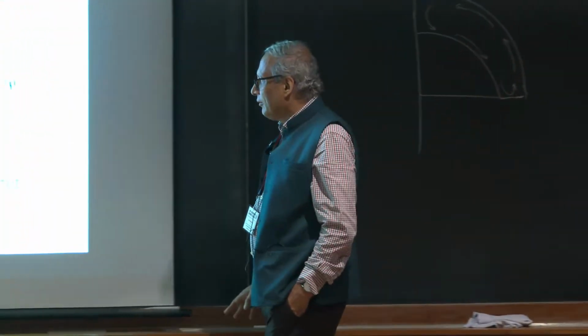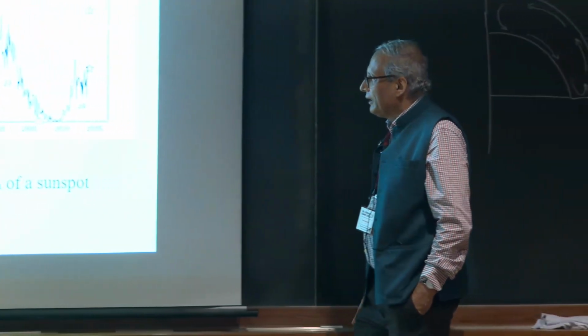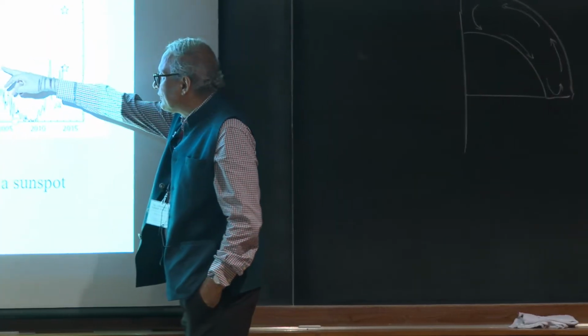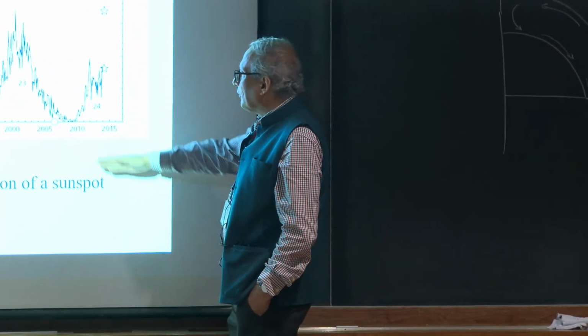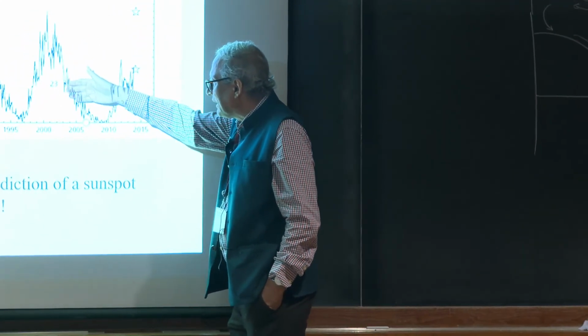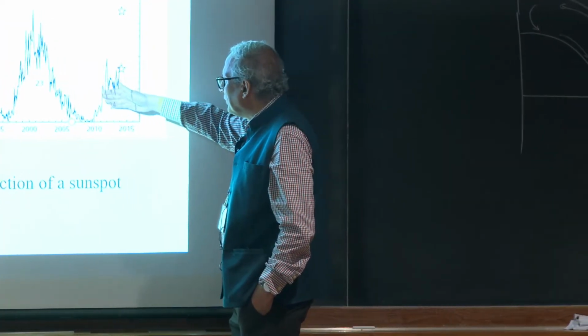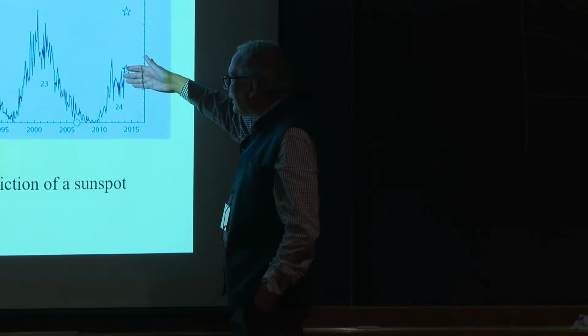So in my view, with which many other colleagues agree, only the decay phase of the sunspot cycle is somewhat predictable. By studying various indicators at this time, you may be able to predict what will be the strength of the next cycle.